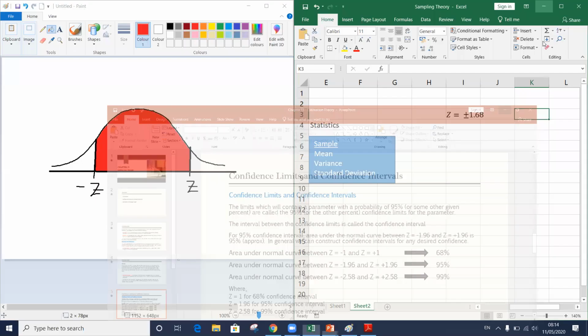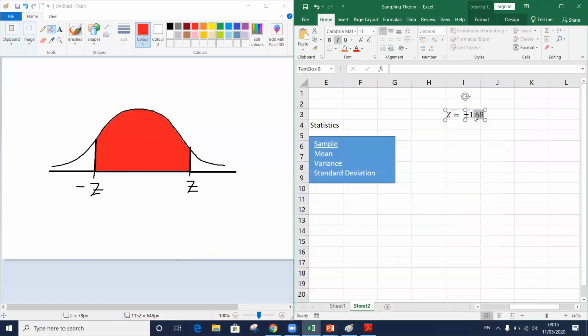Sorry, here not 1.68, let's consider 1 instead. If this is plus 1 and this is minus 1, what will the probability be inside this range?